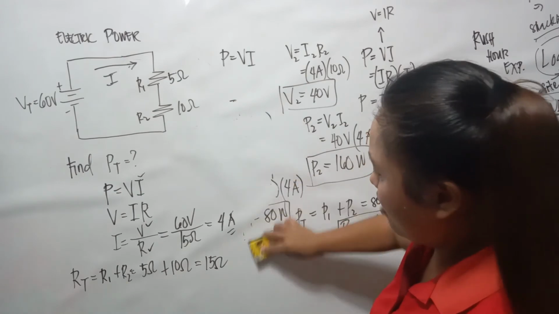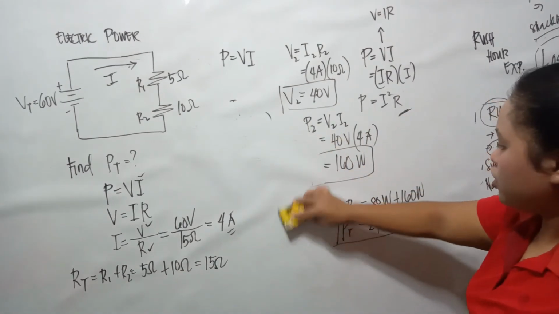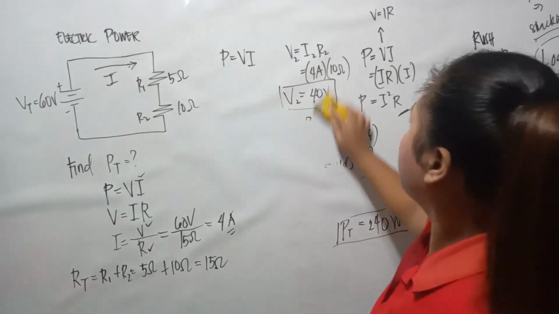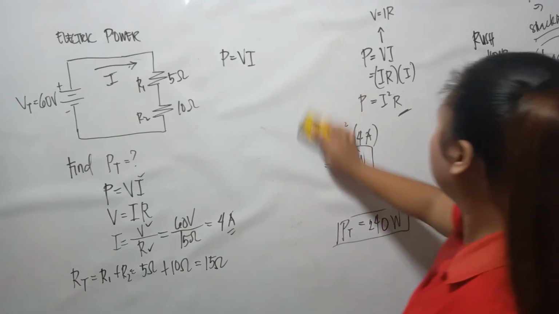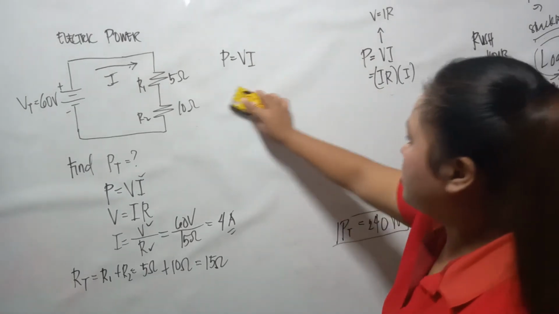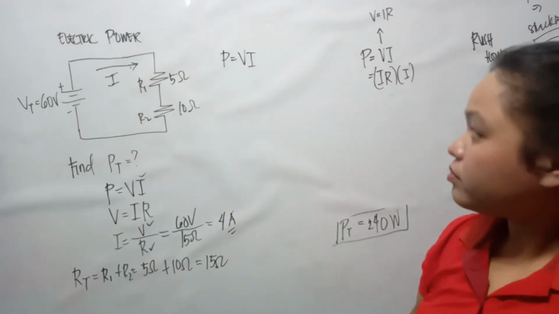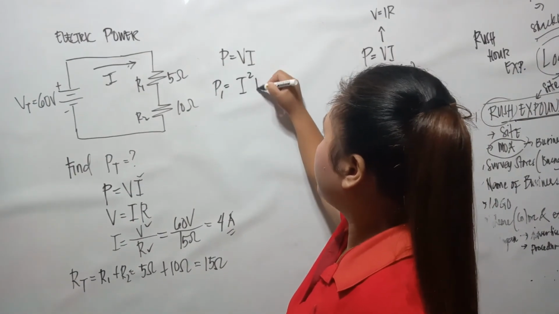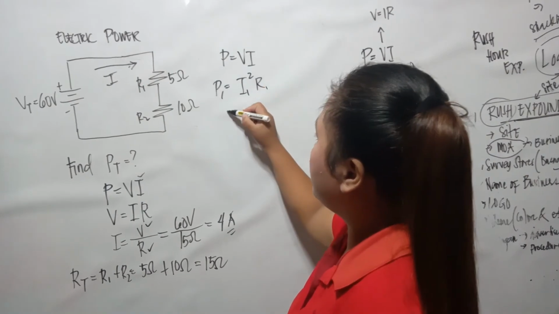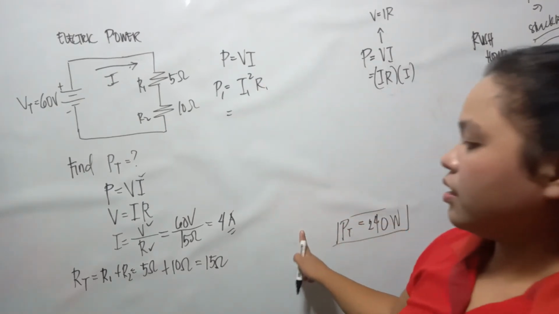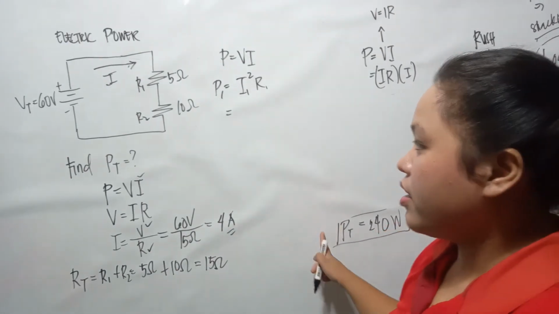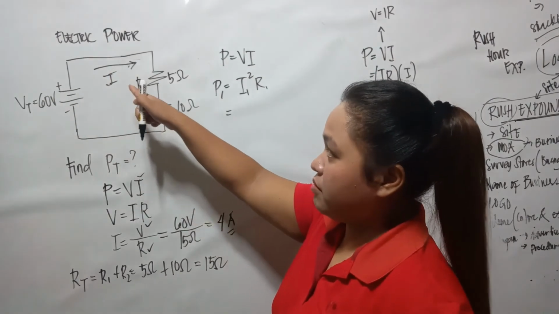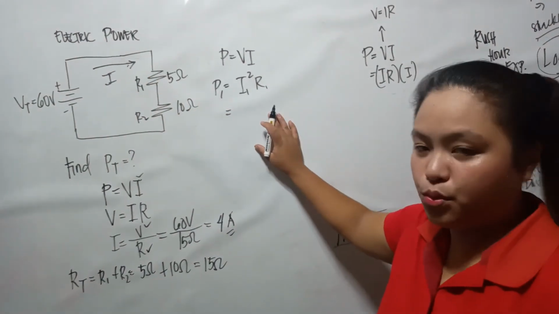This is useful in case we haven't gone directly to solving the voltage drops in the resistors. So let's try. We have power 1 equal to I squared R. We know that the current in a series circuit is the same, so the current from the source and the current that passes through resistor 1 and resistor 2 is the same.